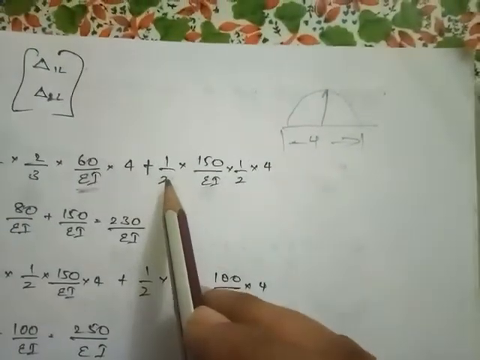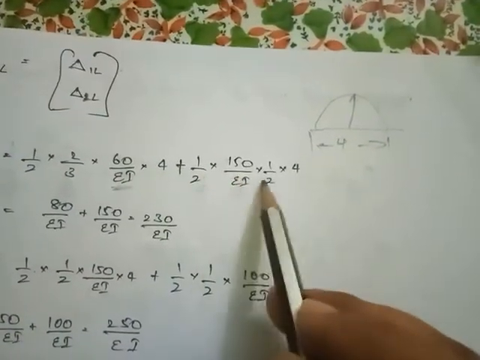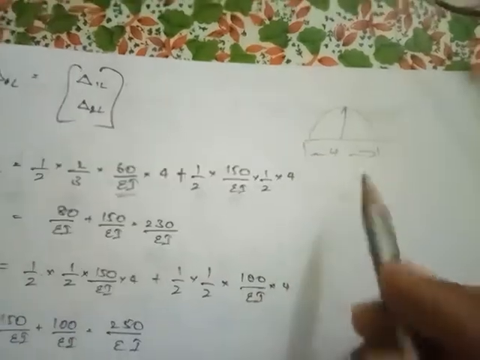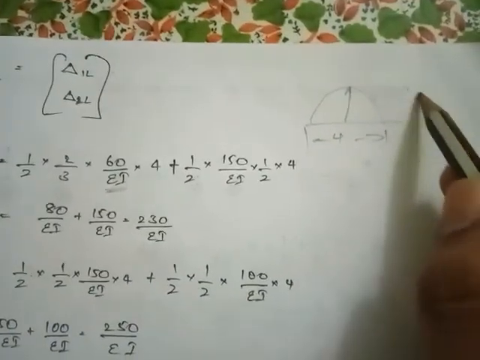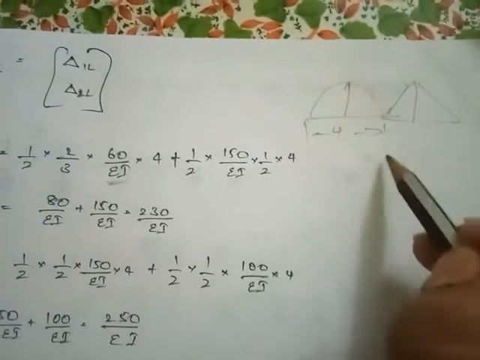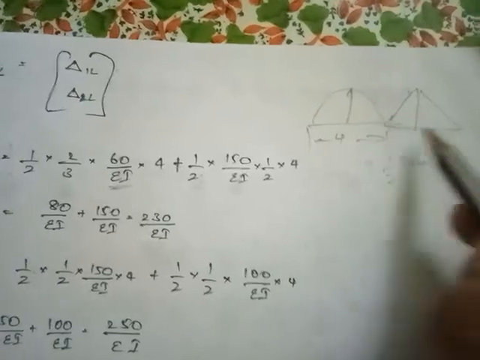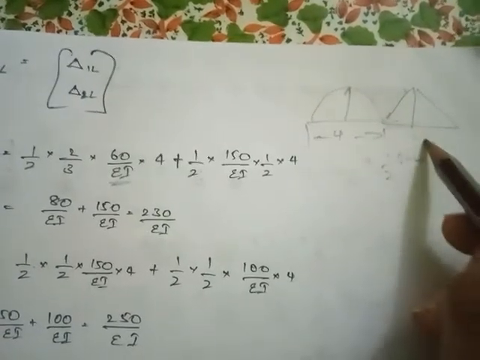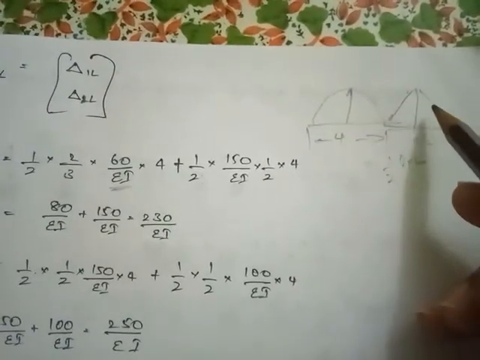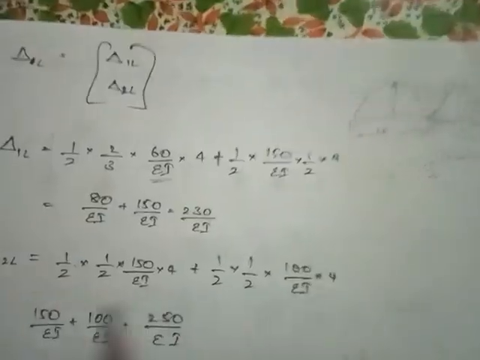Next, 1 by 2 into 150 by EI into half into 4. As the next portion is a triangle, we will take half of the area, half of L into B, where the length of the condition is 4 by 2 and the height is 150 by EI.